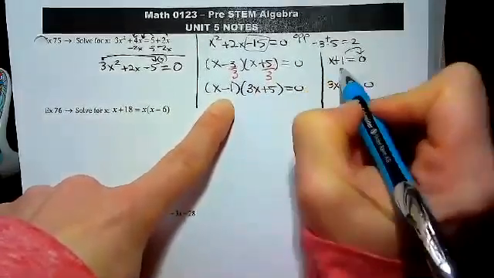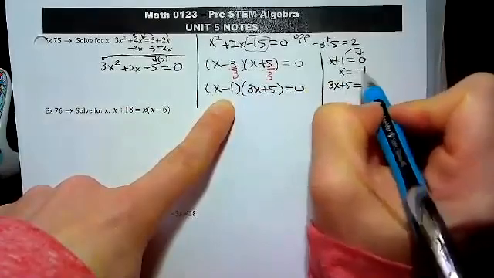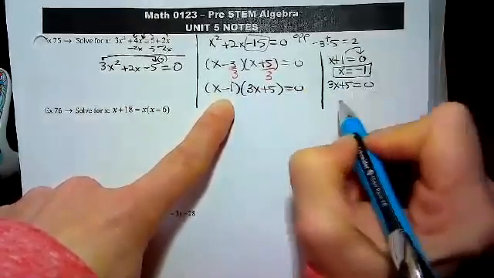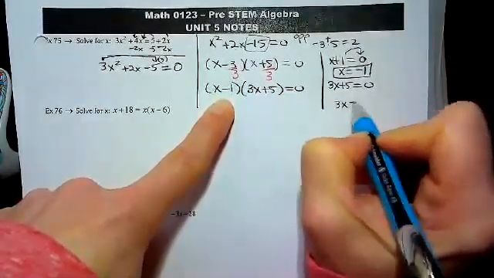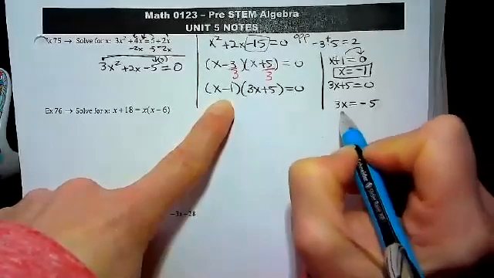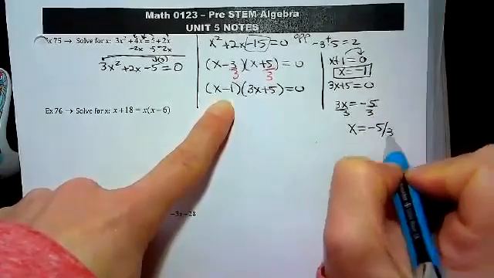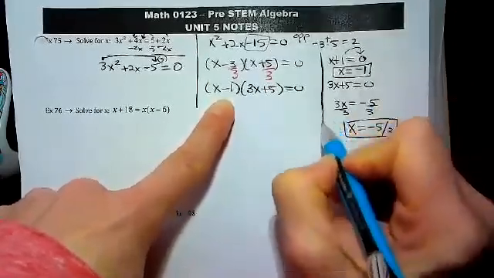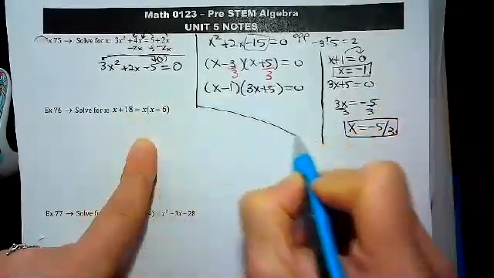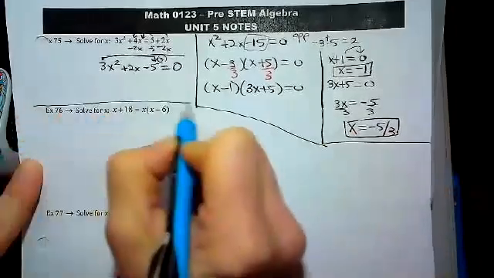So when I get x by itself here, I get x equals a negative 1. Here you'd be moving 5 over first, so 3x equals a negative 5, and then dividing by 3, so x equals negative 5 over 3. So those would be my 2 solutions for number 75.